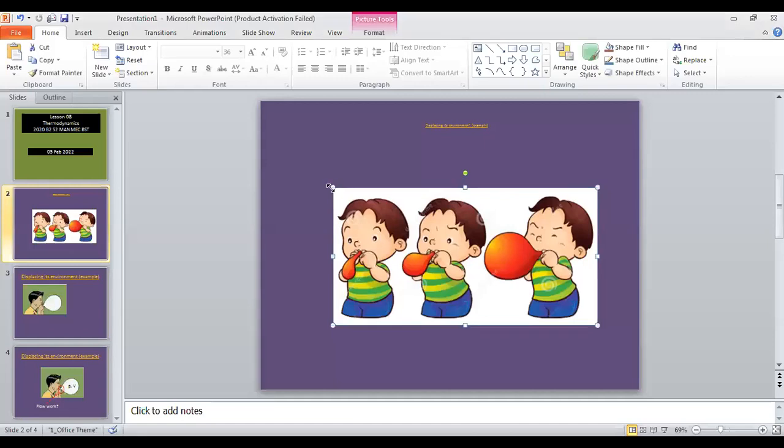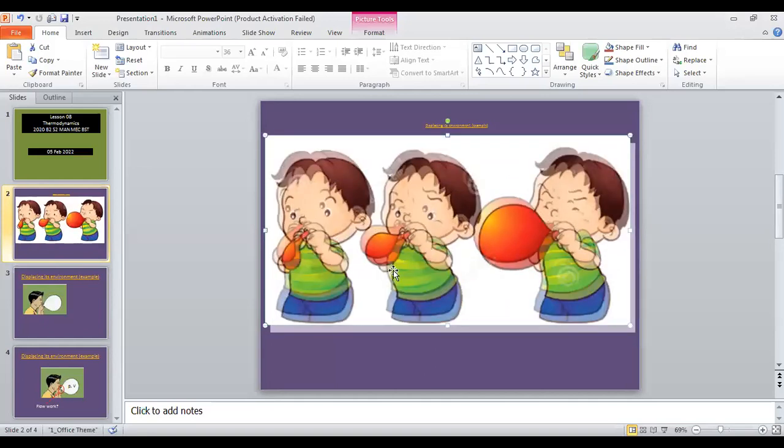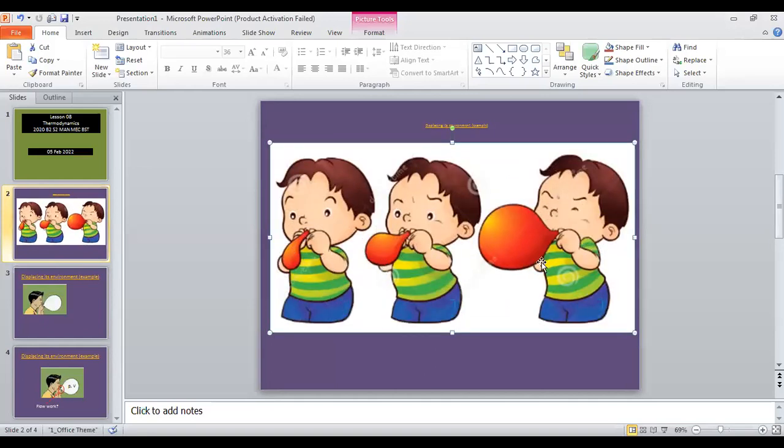The balloon displaces its environment, meaning it becomes bigger and takes more space of the surrounding.